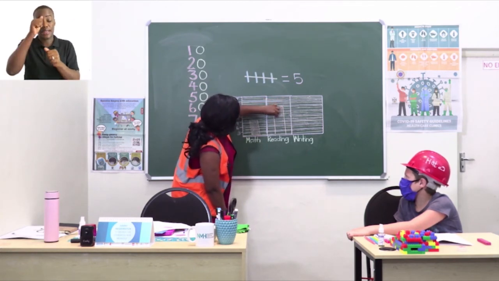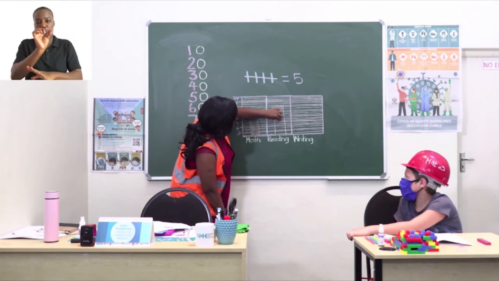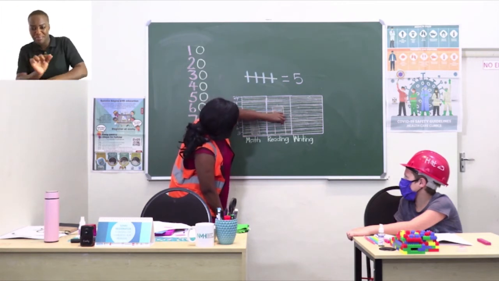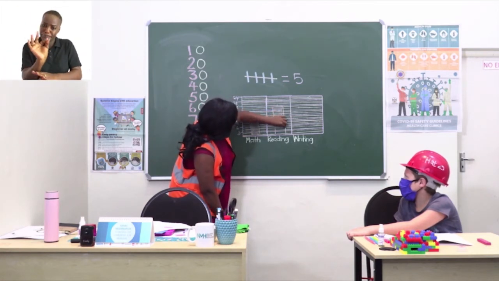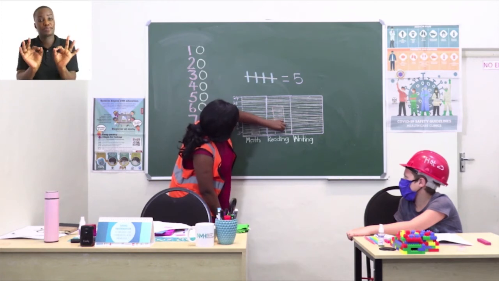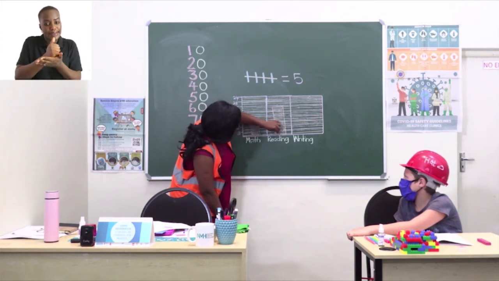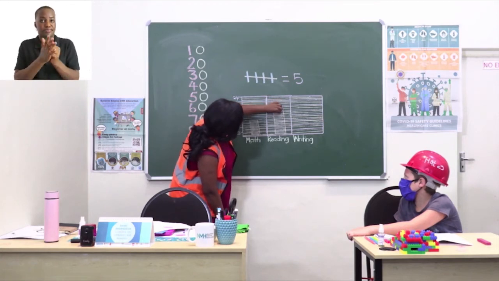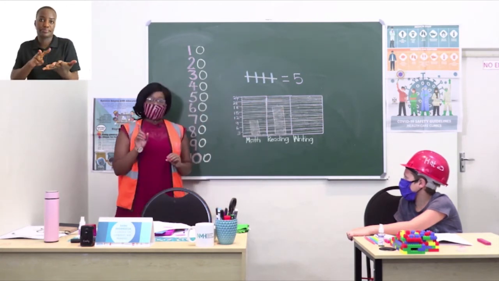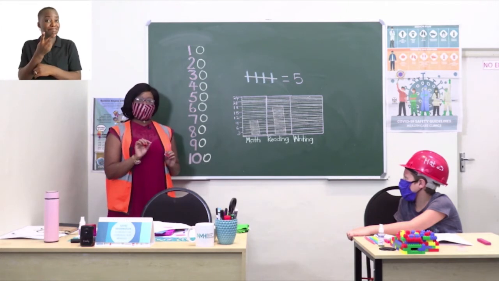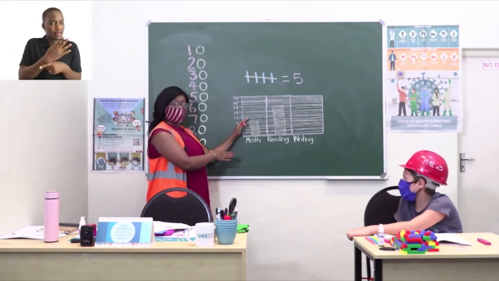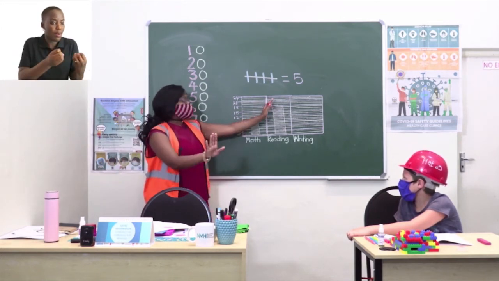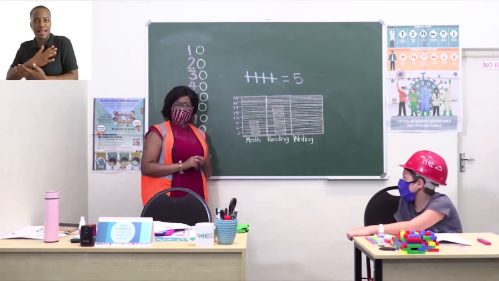Remember, when you are coloring, to color one direction and to make it neat as well, so that you'll be able to see how many people really do enjoy reading. Now you can actually see the difference between how many people like maths compared to how many people like reading.